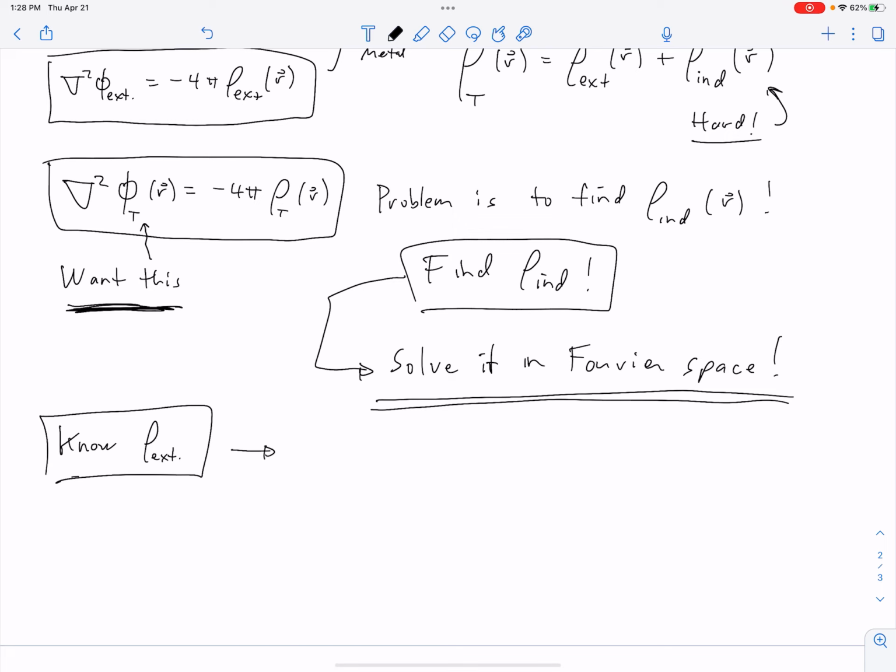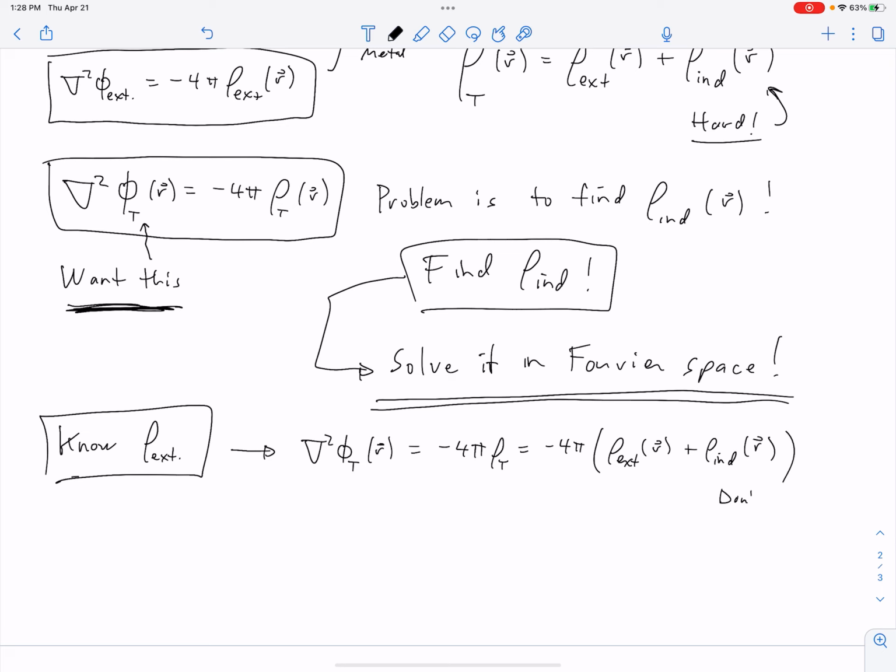And so then we can write the thing we want, del squared phi of the total potential. We can write it as negative 4 pi rho total, but rho total is simply equal to rho external plus the induced, that thing that we don't know.